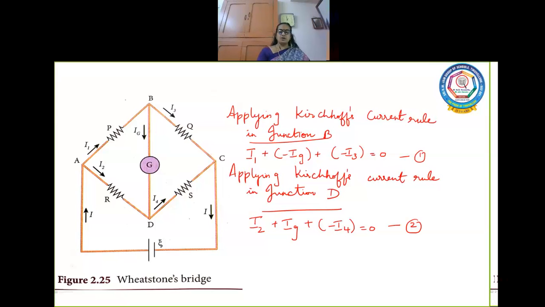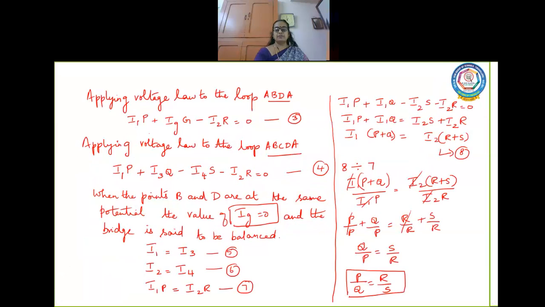Okay, so in this condition, when we know the value of the three resistors, now we can have one resistance whose value is to be determined connected here. Now we know the values of all the other three. With that we can determine the value of the unknown resistance. So this is the use of a Wheatstone network. Okay, hope now we are clear with the concept.